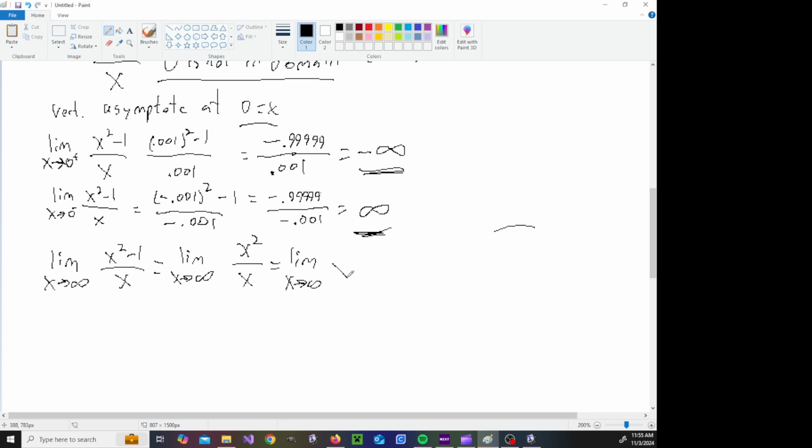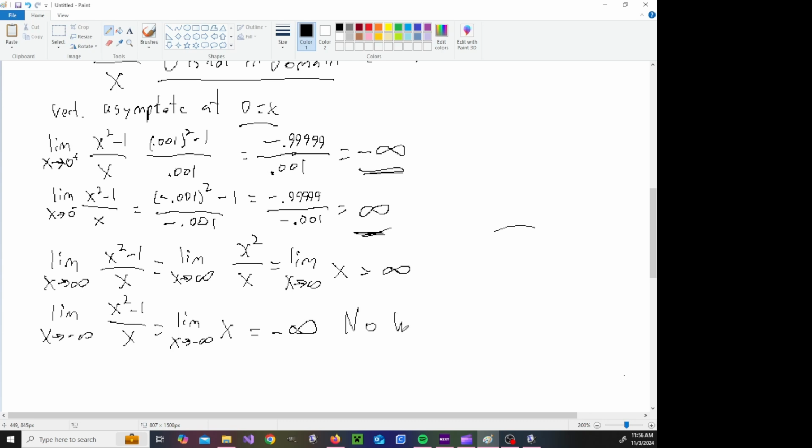X squared divided by x is just x, so that's just going to go to infinity. Well, now the same thing with negative infinity. Limit as x goes to negative infinity. This is also just going to be the limit as x goes to negative infinity of x, which now goes to negative infinity. So is there any horizontal asymptote?